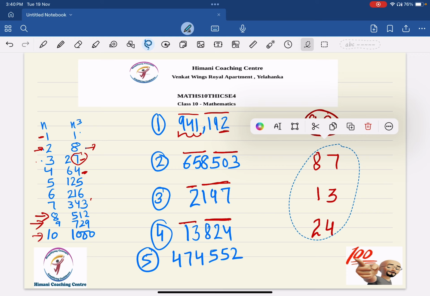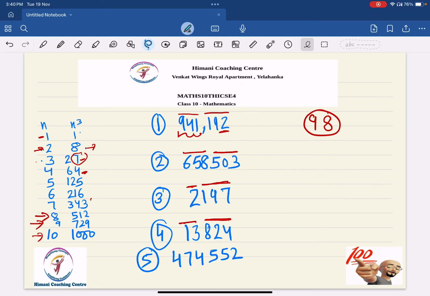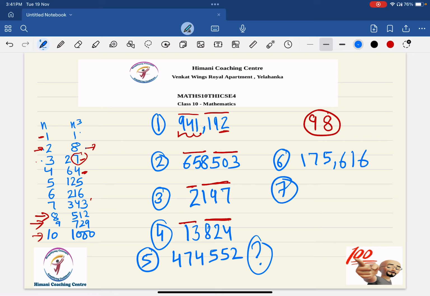So I'm just writing another number. Just a second. I'm just copying the question down. This is the sixth one for you to find. Sixth one is 175,616. One more I will give you.